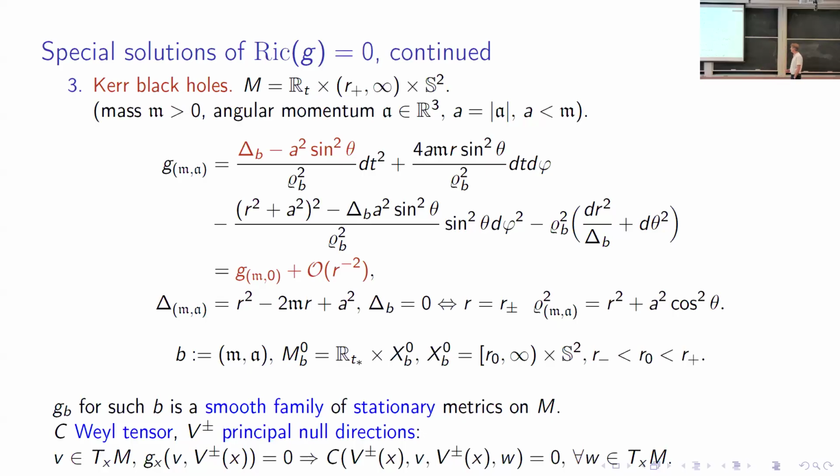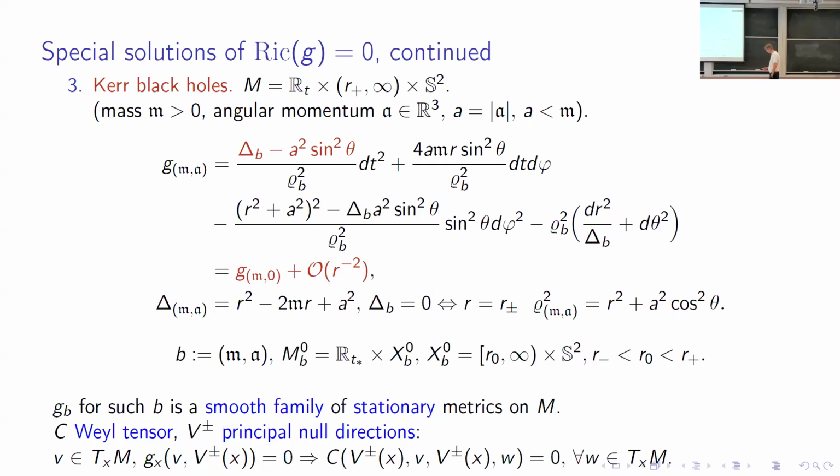The second point we have already seen: the coefficient in front of dt^2 changes sign outside of the event horizon. This means that dt is not globally time-like in the outside region, but of course the problem is deeper than that. There is no time-like Killing vector field outside the event horizon.